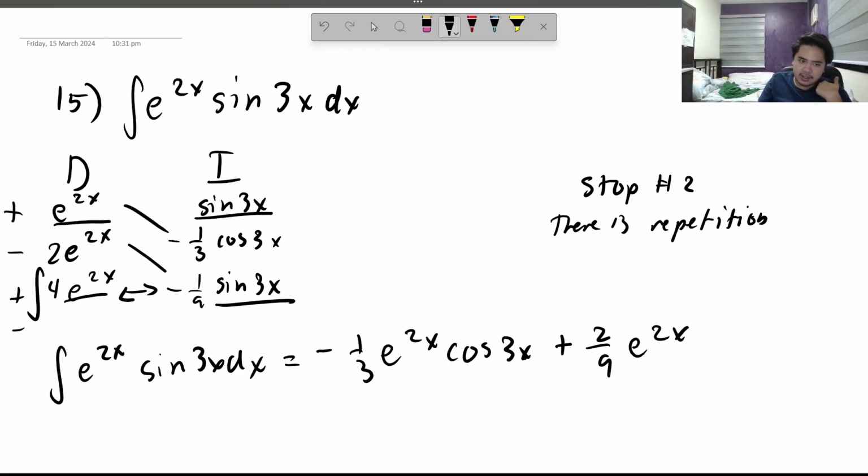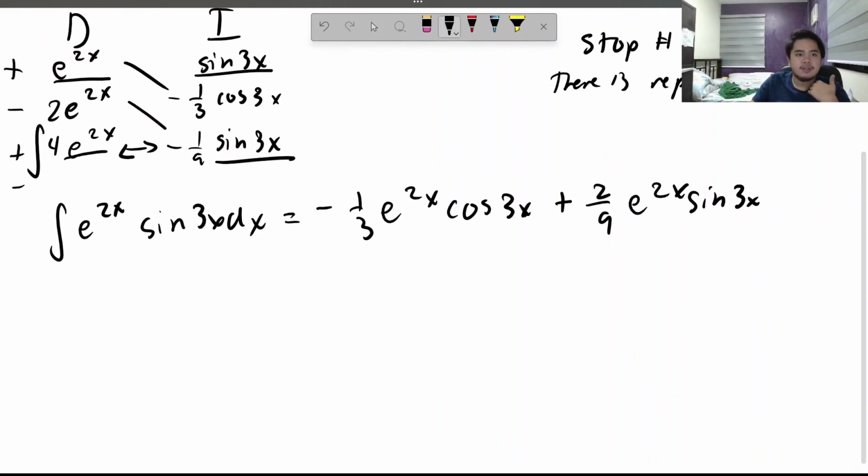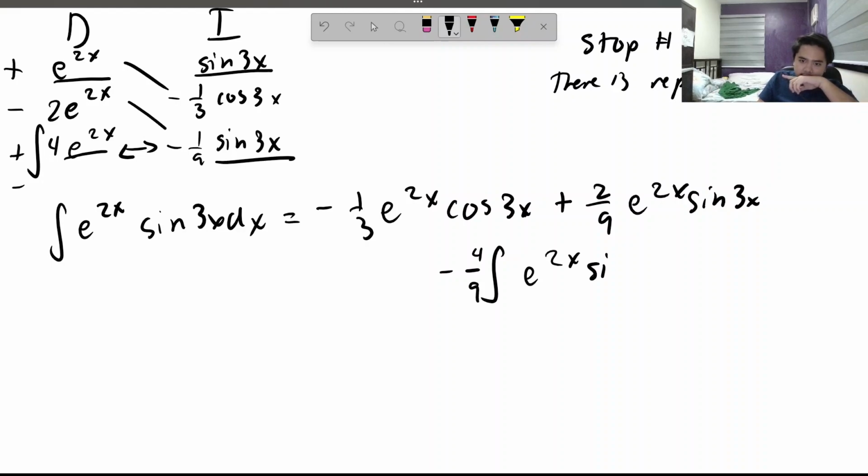E to the 2x sine 3x. Right? And then the integral of 4/9, negative now, because there's a negative there. Let's actually put 4/9 outside. E to the 2x sine 3x dx.